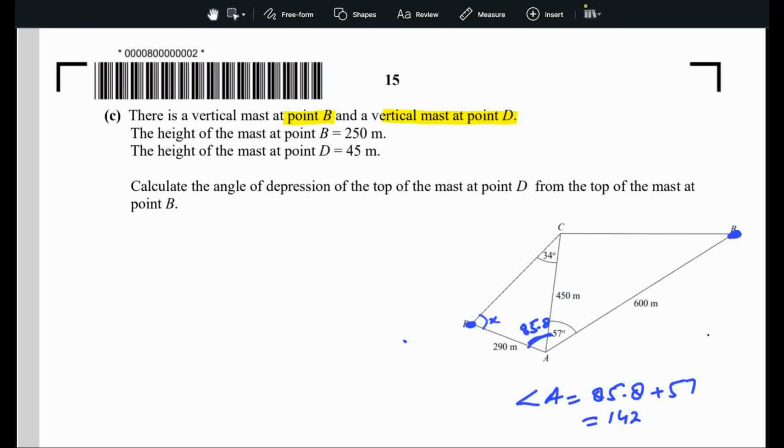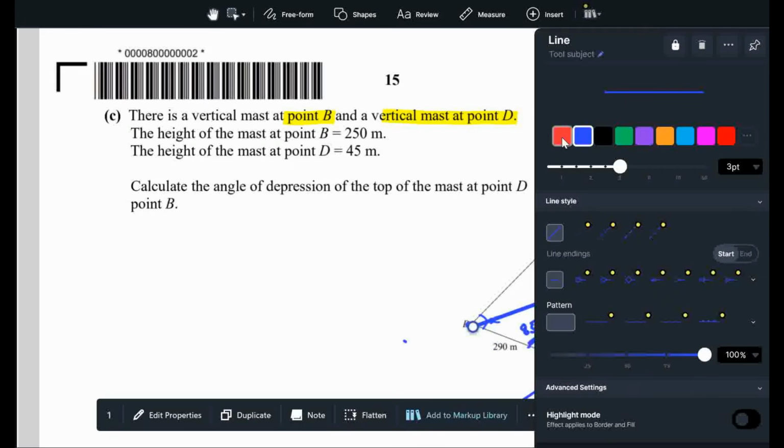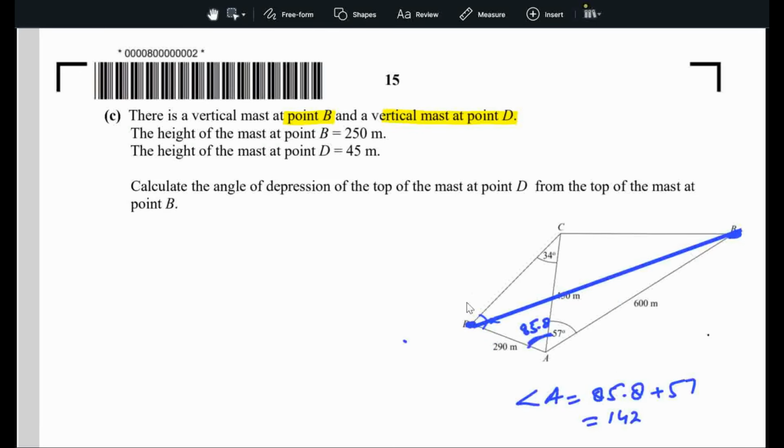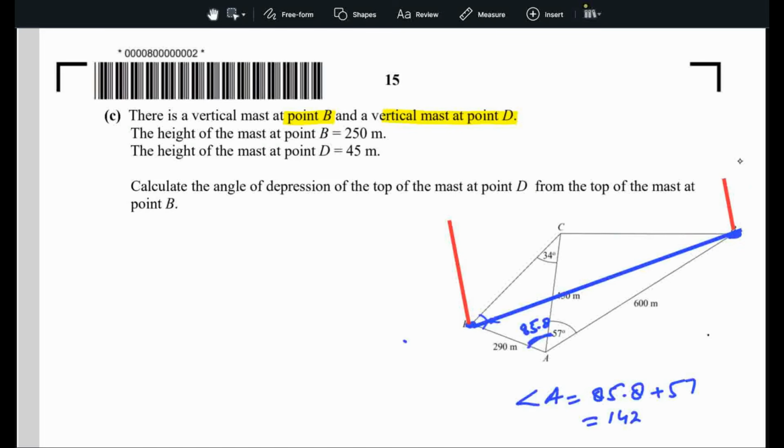And the other length is BD, and we have a vertical mast here, and we will have another vertical mast over here at D. Its length is a bit lesser. Now the height of the mast is 250. Calculate the angle of depression of the top.